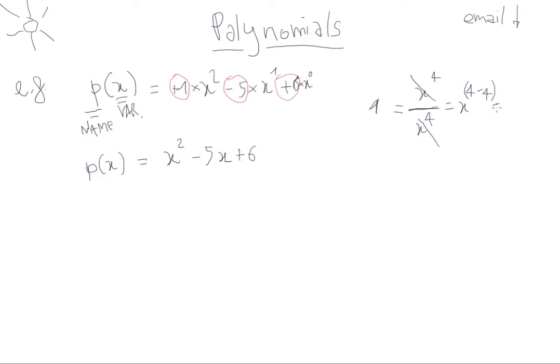And we can also see now that 4 minus 4 is 0, so x to the power of 0 will be 1. You can do that with any number n, and it doesn't matter what the value of n is, you will always get this. There's a problem for the 0, but that's a different case.